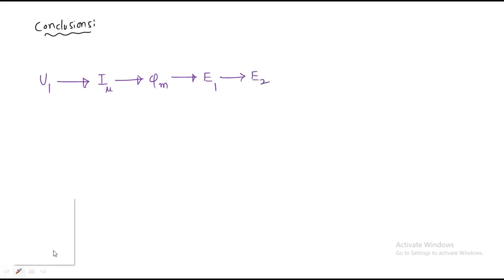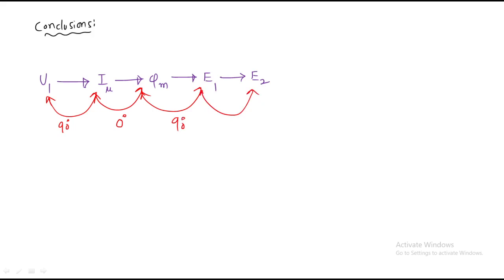Then we have to write the phase displacement between current and between these two, 90 degrees, between these two, 0 degrees, between these two, 90 degrees, like that, between these two, 0 degrees.